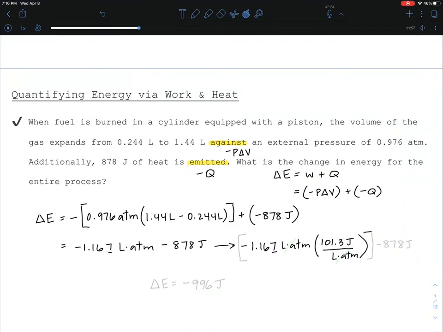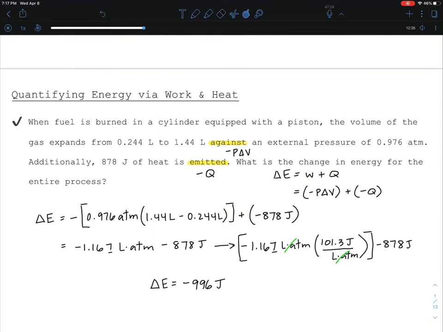And then from that, I'm going to subtract 878 joules, or add my negative 878 joules, however you want to look at it. So these units are going to divide to 1, in other words, cancel out. And the change in energy for the system is going to be negative 996 joules. And that's going to be for the whole process.